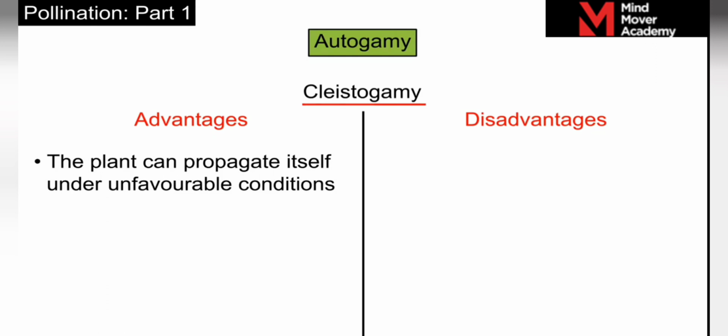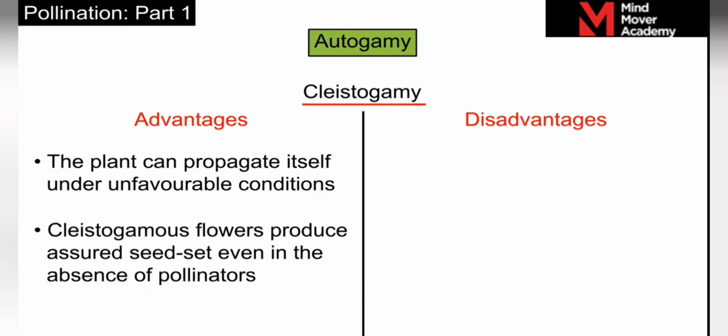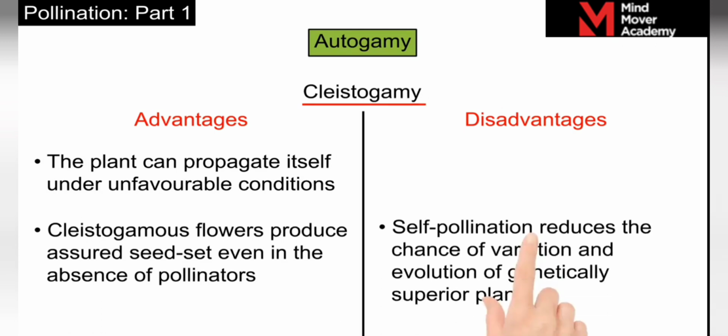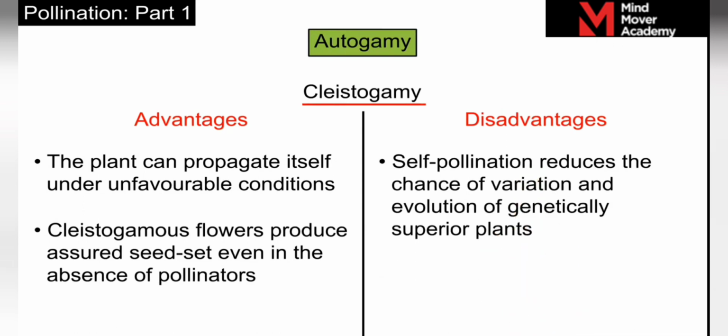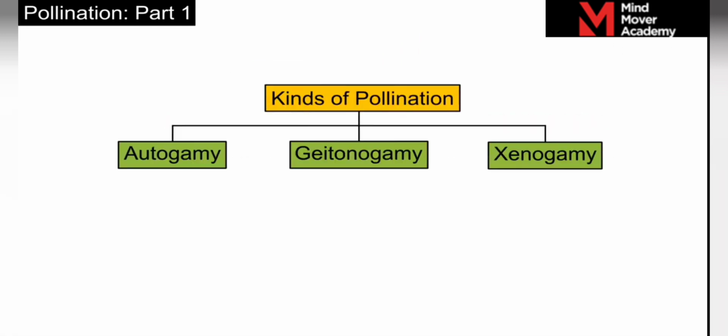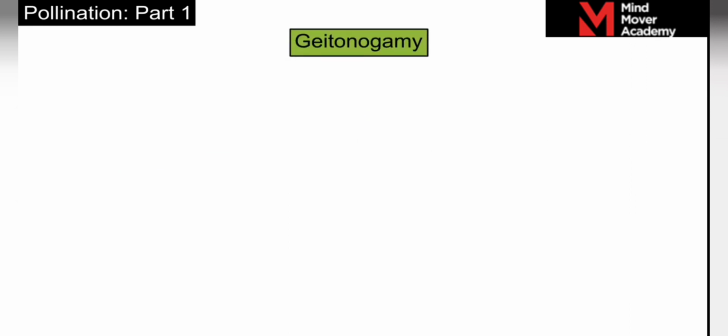And as discussed earlier, cleistogamous flowers produce assured seed set, even in the absence of pollinators. On the other hand, the disadvantage is that there is self-pollination, which reduces the chance of variation and evolution of genetically superior plants.